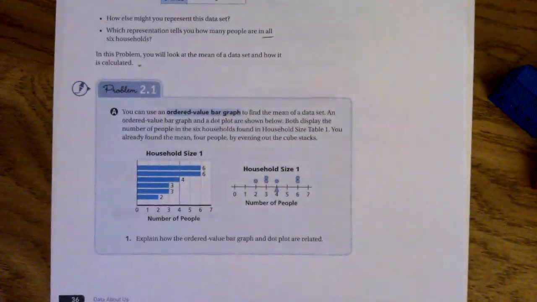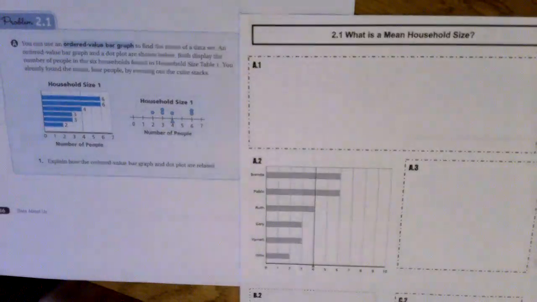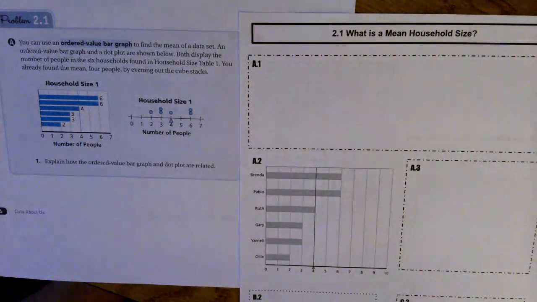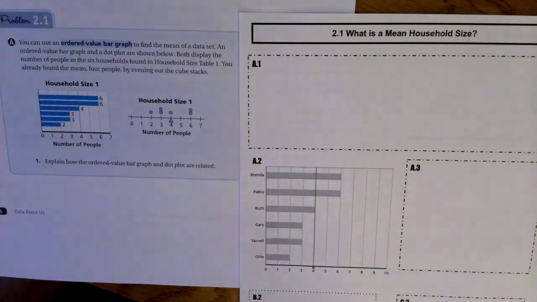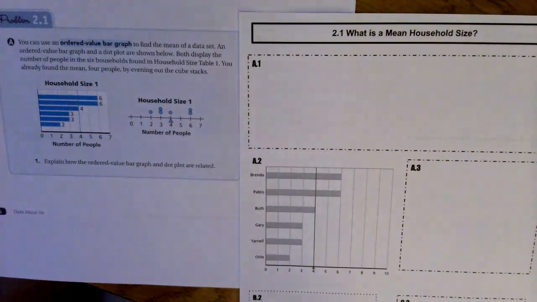Please have your lab sheets in front of you also. In the first part, it says you can use an ordered value bar graph to find the mean of a data set. An ordered value bar graph and a dot plot are shown below. Both display the number of people in the 6 households found in household size table 1.